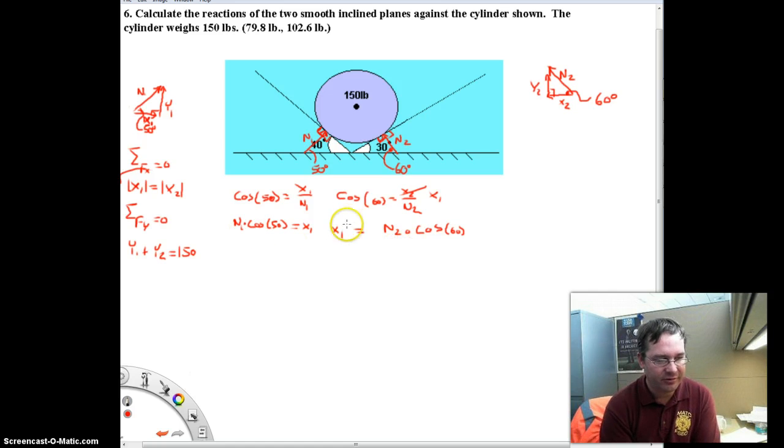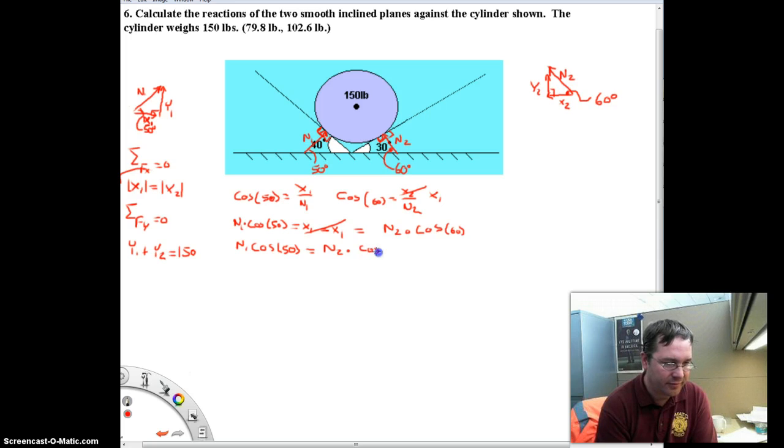We have two expressions that are equal to x1, so that would mean they are equal to each other. Well, let's just cut out the middleman. So if I rewrite this, now I've got two expressions that have no x term in them. They only have N terms in them. So N1 times cosine of 50 equals N2 times cosine of 60.